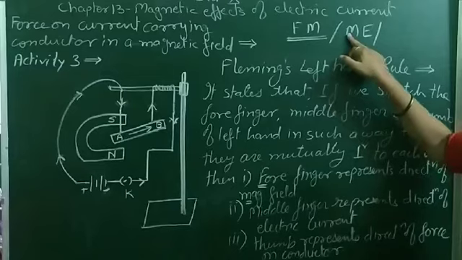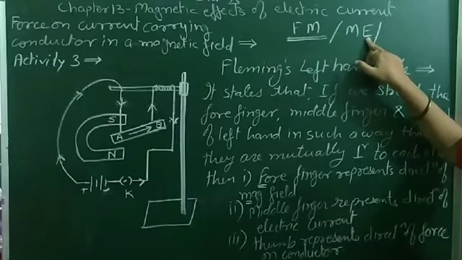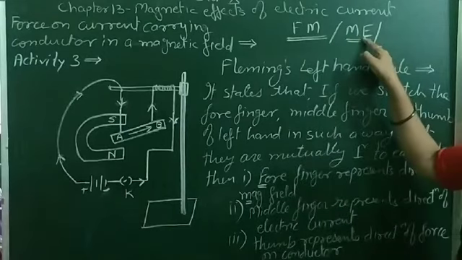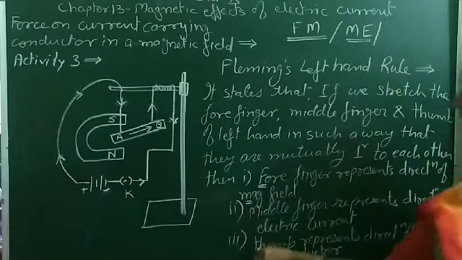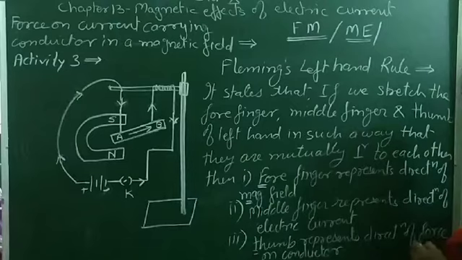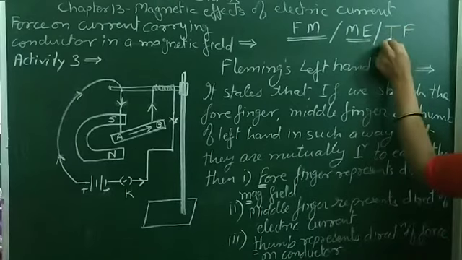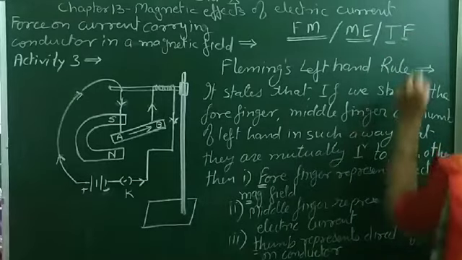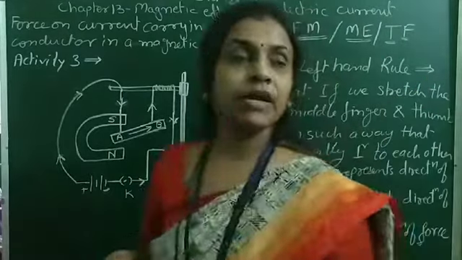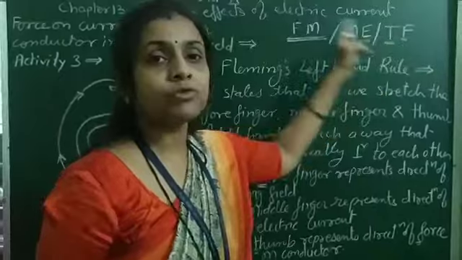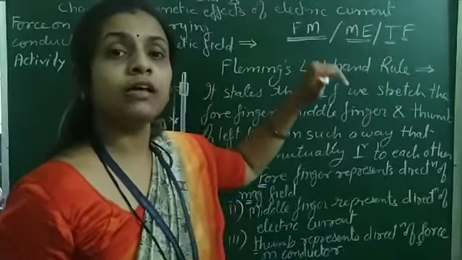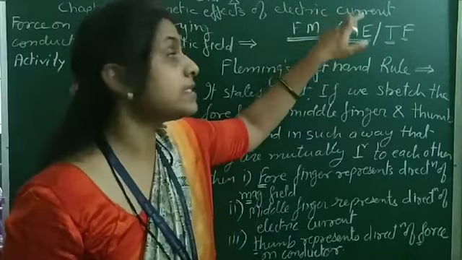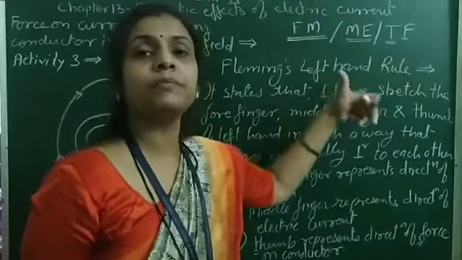M means middle finger and E means electric current. And last is thumb and force, TF. So T represents thumb and F represents force. So if we memorize FM, ME, TF, so FM means forefinger represents magnetic field, ME means middle finger represents electric current, and TF means thumb represents force.